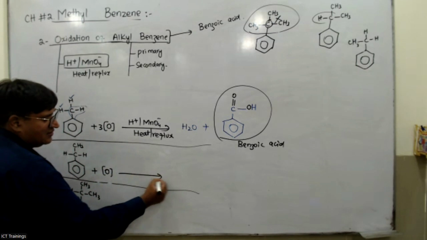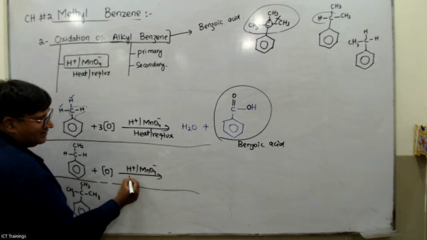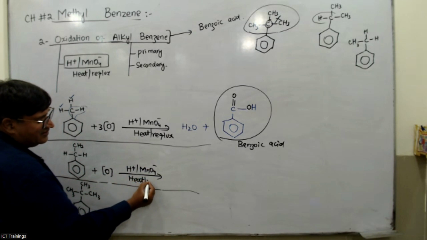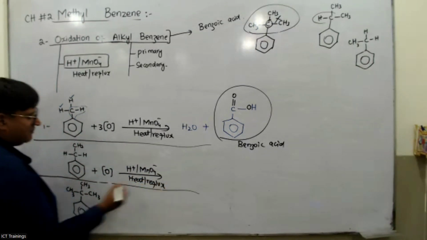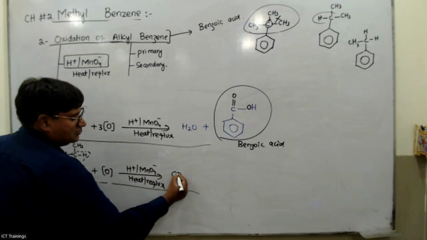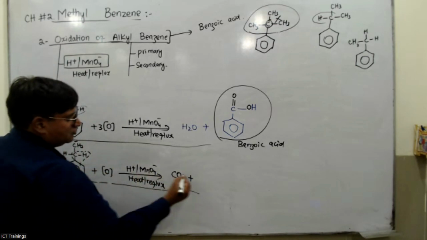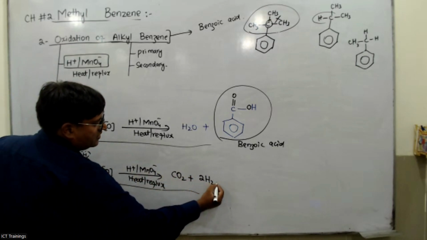Oxidation, my dear. So acidified potassium permanganate could be used, and the conditions are heat under reflux. Now what could happen? You should save this one carbon and one hydrogen. All the other things, this carbon would join with oxygen to form CO2. 3 hydrogen and 4 hydrogen, these would join with oxygen to form 2 water.